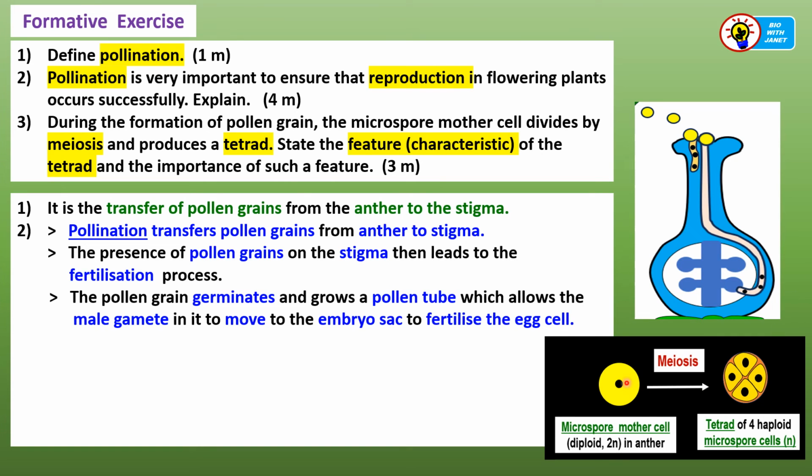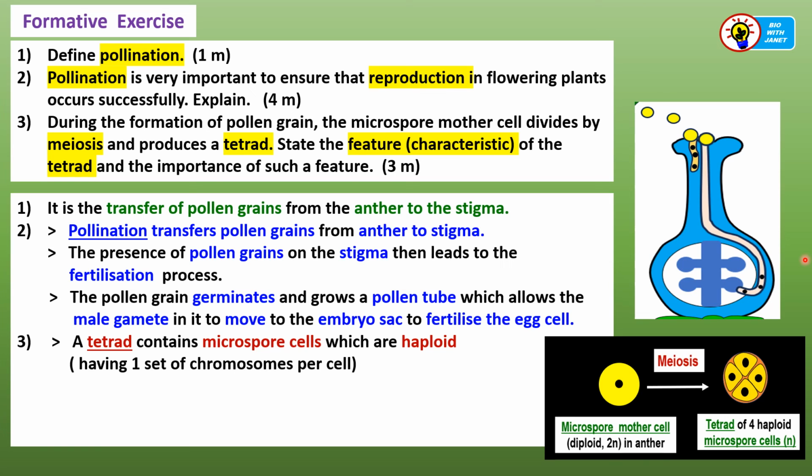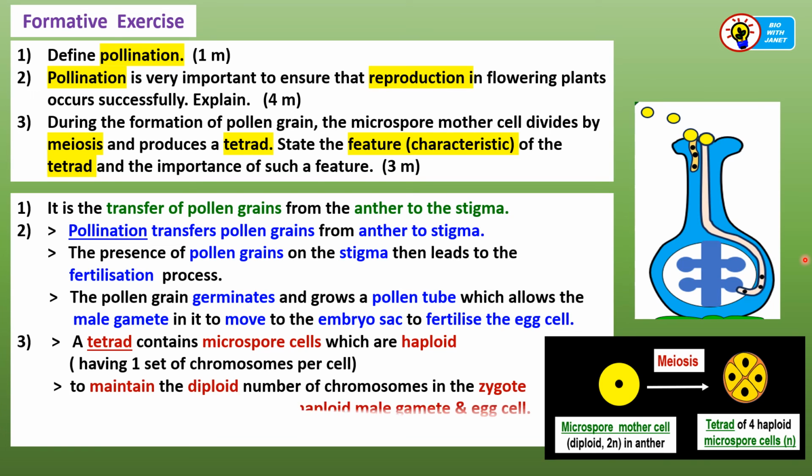Okay, one microspore mother cell, which is diploid, in the anther undergoes meiosis to form a tetrad, meaning a group of 4 haploid microspore cells, which will after that separate from each other, right? So the tetrad of 4 microspore cells. Now a tetrad contains 4 microspore cells, which are haploid each, having 1 set of chromosomes per cell.